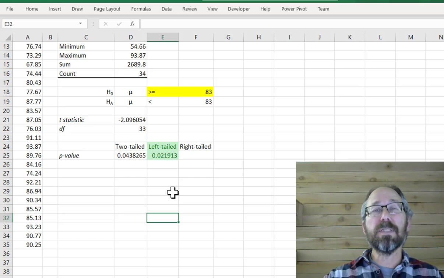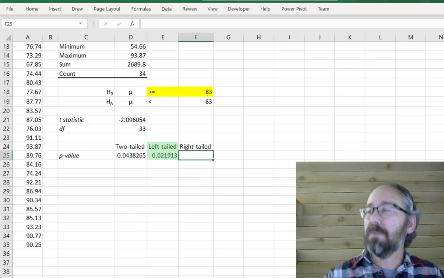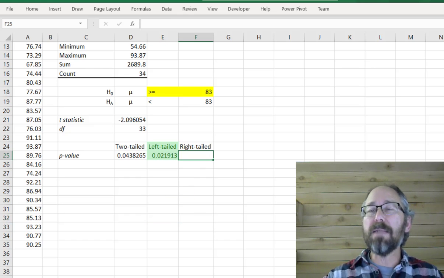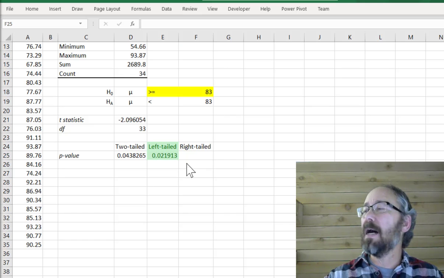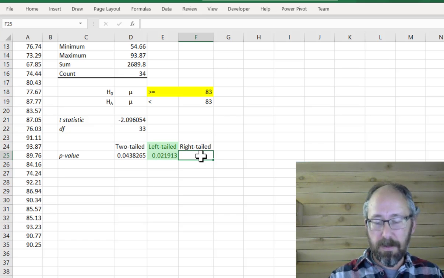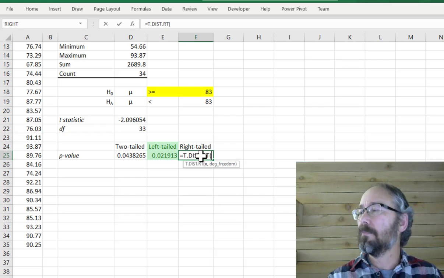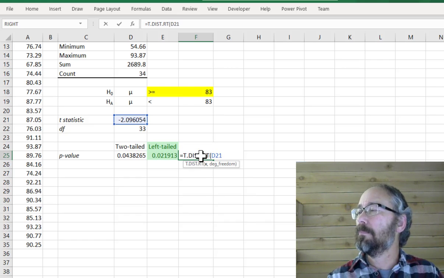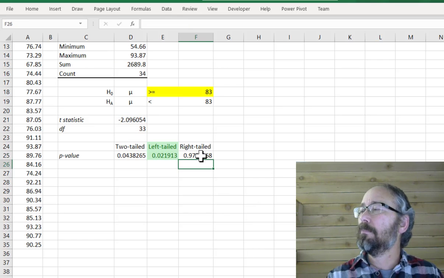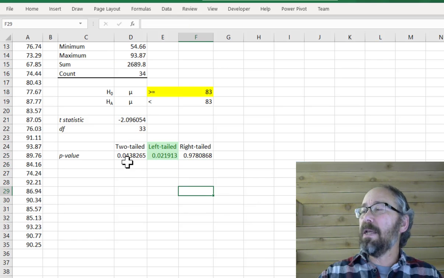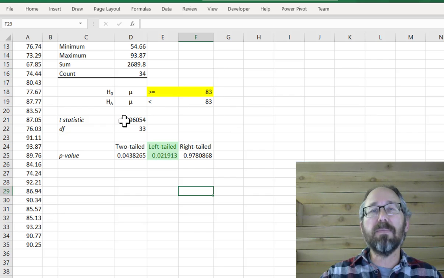We can do the same thing for the right-tailed test. The right-tailed test is T.DIST.RT for right-tailed, and all we need is the t-statistic and the degrees of freedom. As you can see, all of these values are different, even though it's using the same t-statistic.